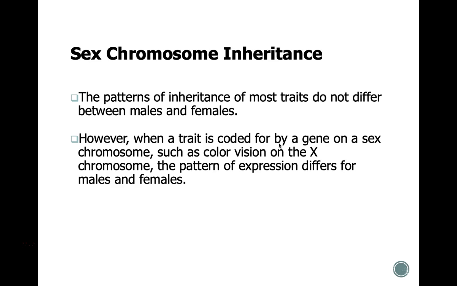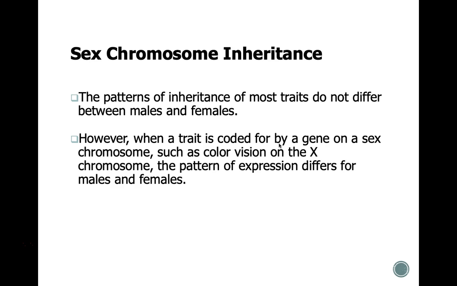Another example of this is hemophilia. That disease was very prominent in European royal families in the early 1900s, because there was a lot of intermarriage between the royal families.